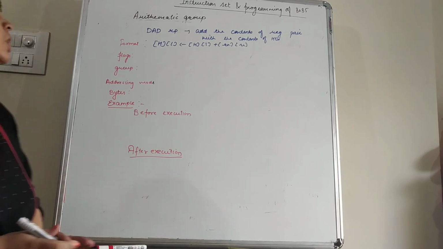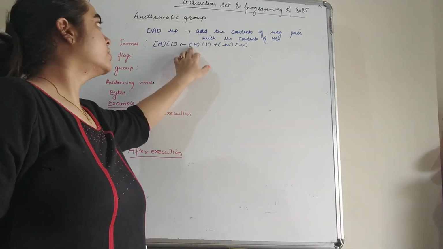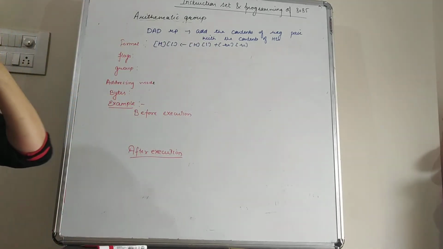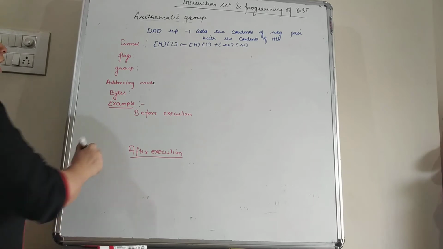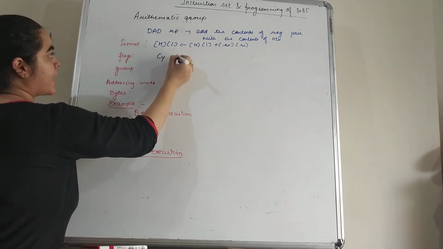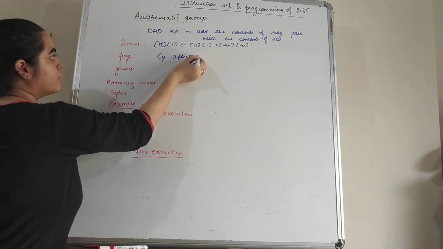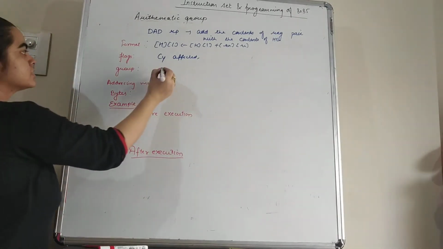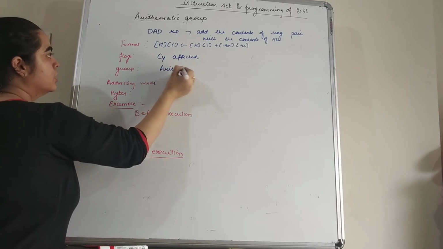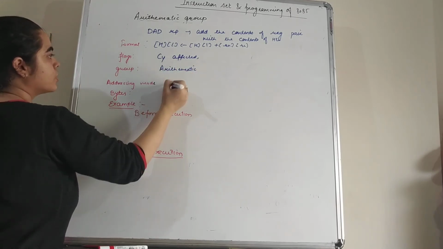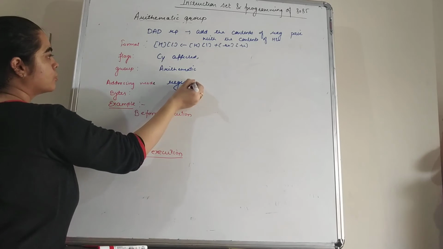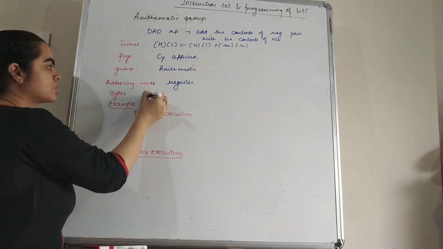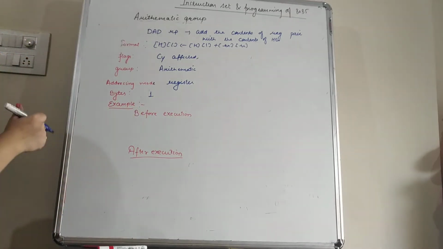So the higher order byte of the register we add with H, and the lower order byte of the register we add with L. Flag: only the carry flag is affected by this instruction and the others remain unaffected. The group of this instruction is the arithmetic group, and the addressing mode is register addressing mode because the name of the register is given. Bytes: this instruction occupies 1 byte.